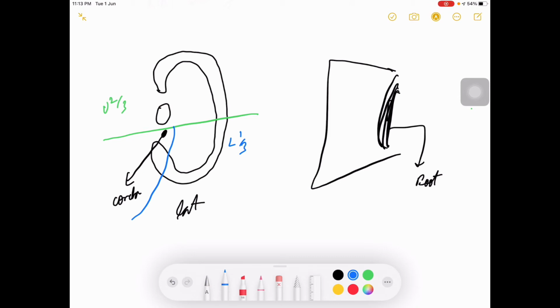This upper 2/3 will be supplied by the auriculotemporal nerve, but this lower 1/3 will be supplied by the greater auricular nerve.